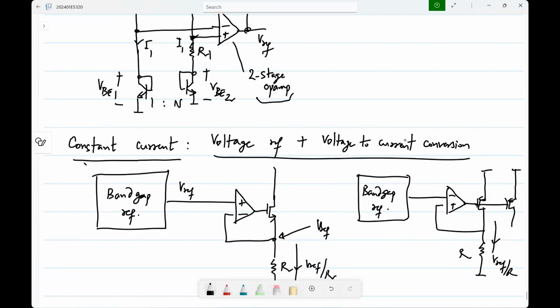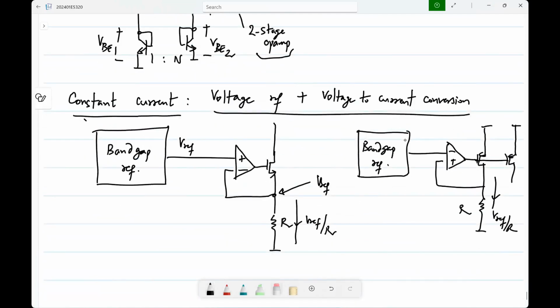This of course can be done, right? Now the question is, is there any other way to do it also? Oh yeah, you have to use current mirrors also. By the way, I'm showing a version where the current is flowing this way. You can also have this turned into PMOS and that turned into NMOS and so on. So that is again possible. But basically this is what it is, right? Is it okay?